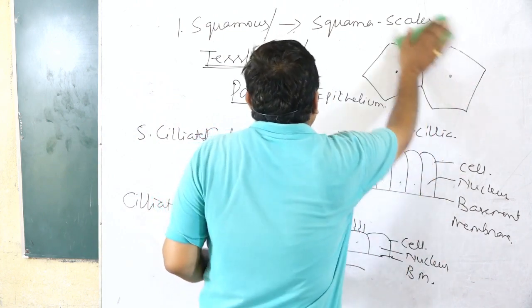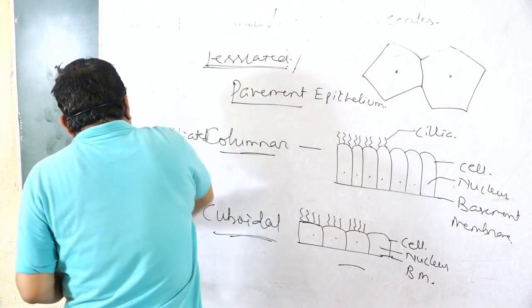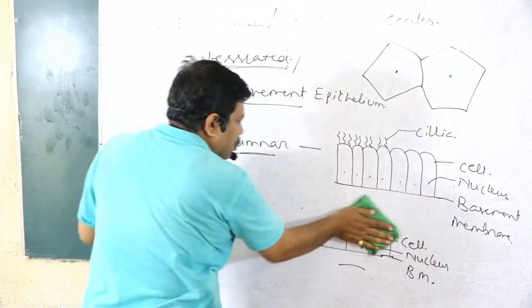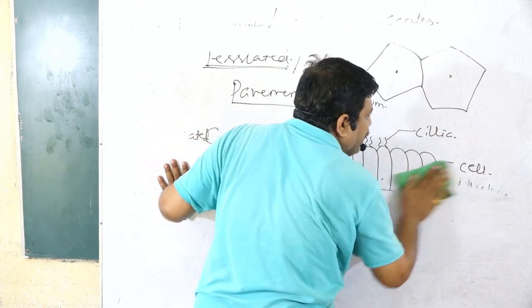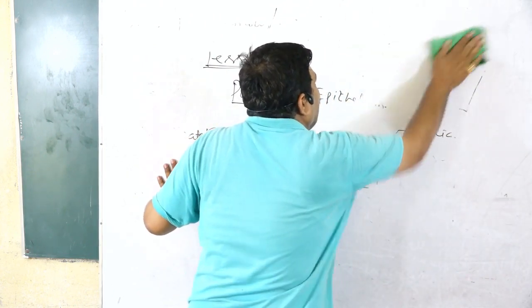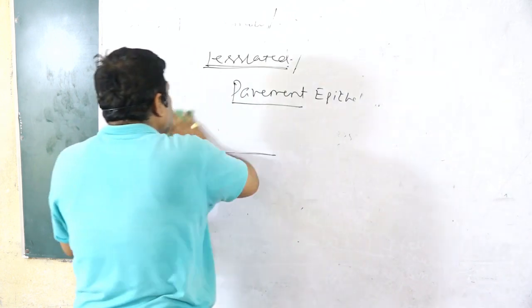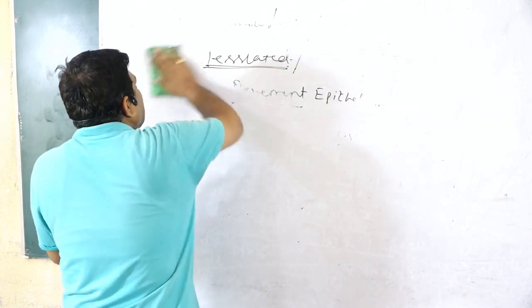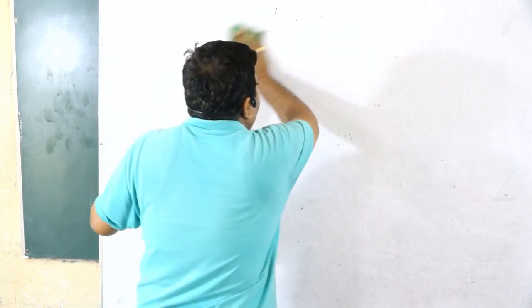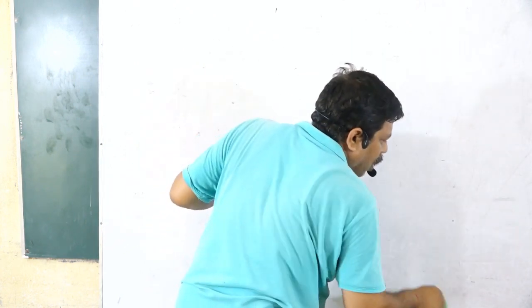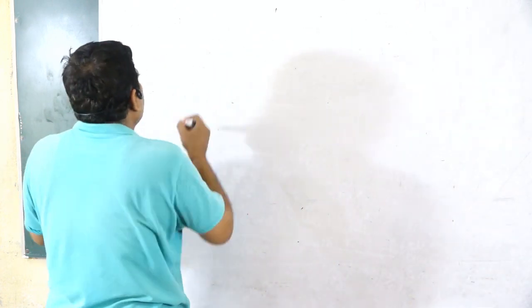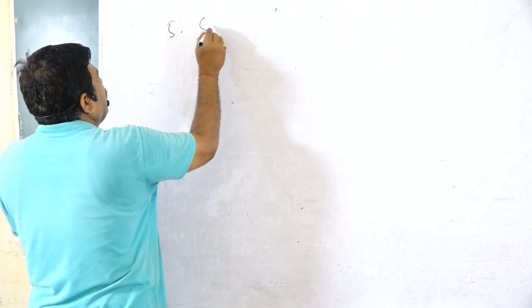Next, on the basis of their location, where those epithelial cells are located, they may be sensory or germinal. Number 5, sensory epithelium.